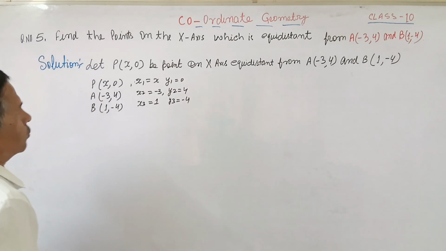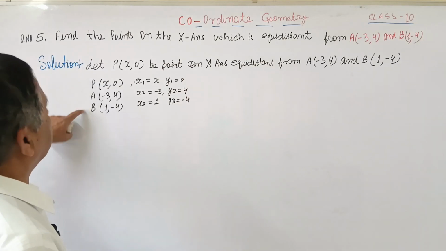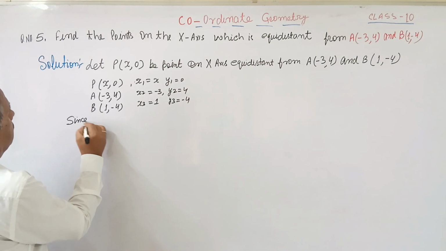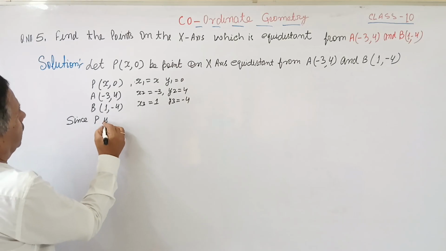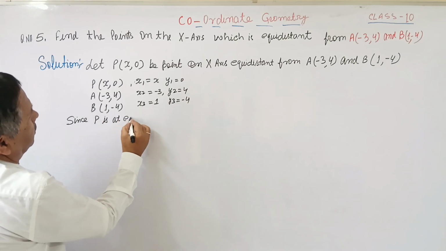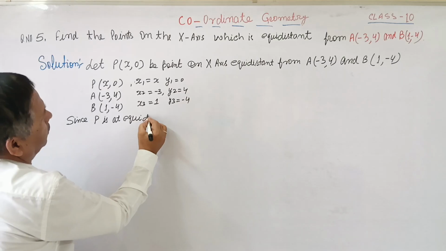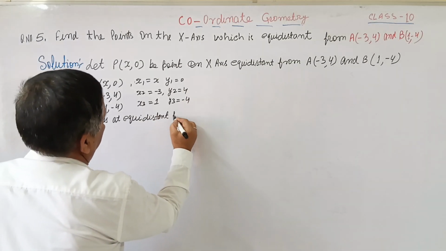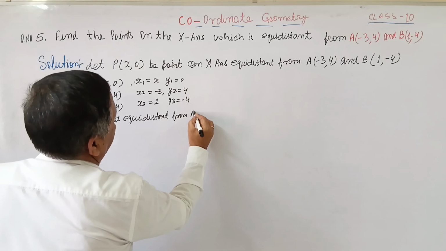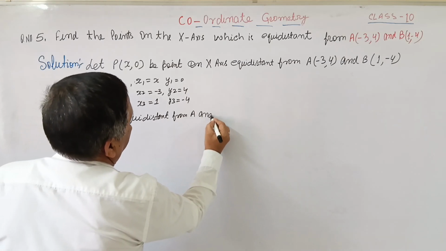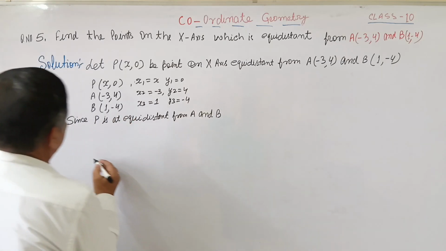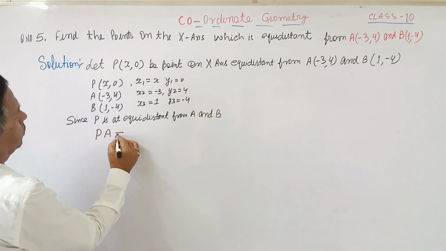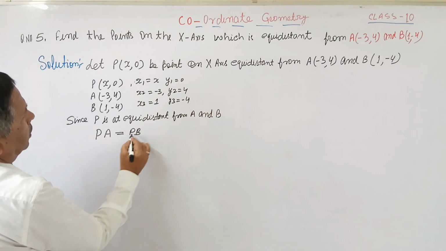We will use the distance formula. Since P is equidistant from A and B, hence PA equals PB.